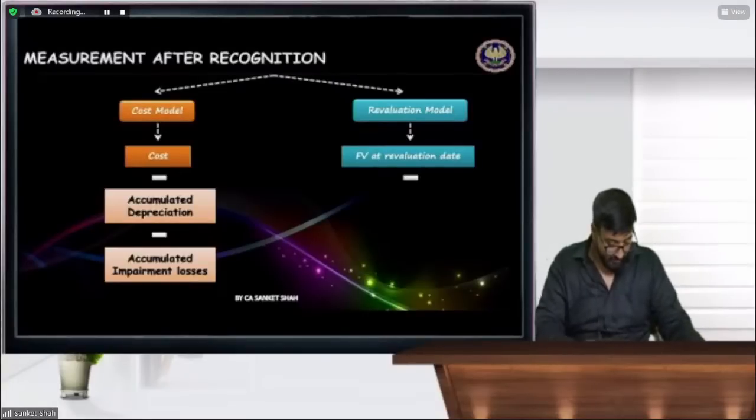But I already explained, Vikas Bansalji, if recoverable amount is greater, in that case, yes, there is no impairment loss.